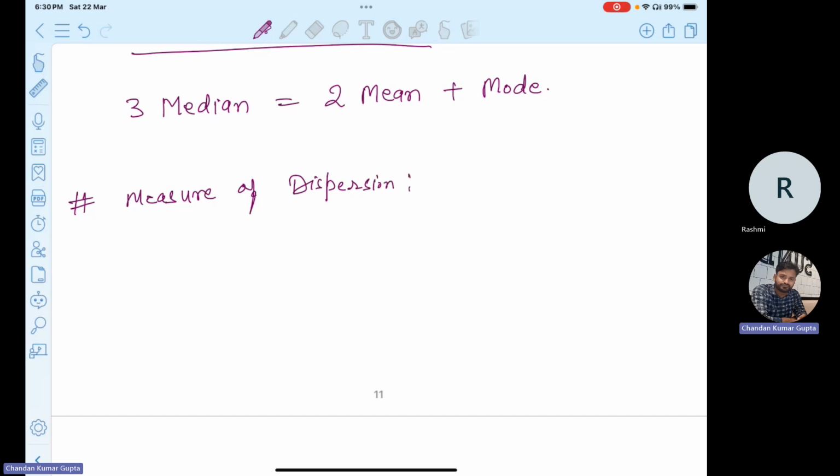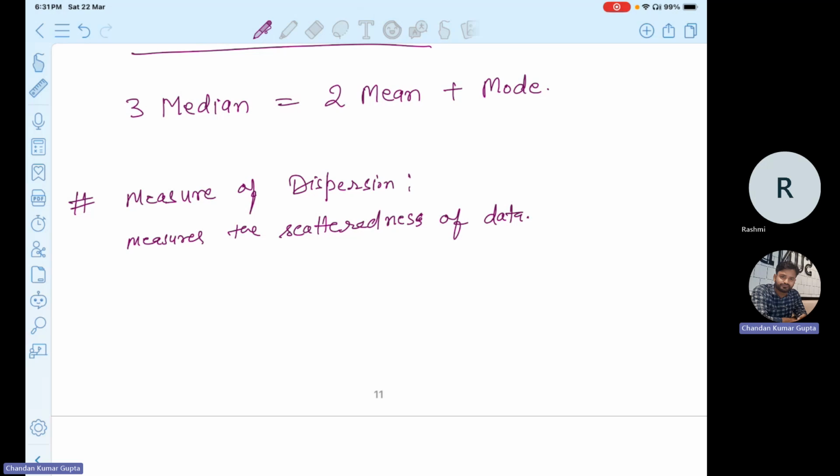Measure of dispersion is like scatteredness. It measures the scatteredness of the data, how the data we are using is scattered.